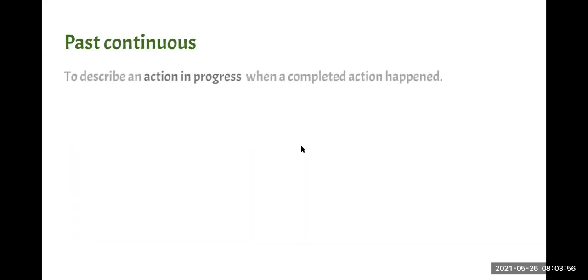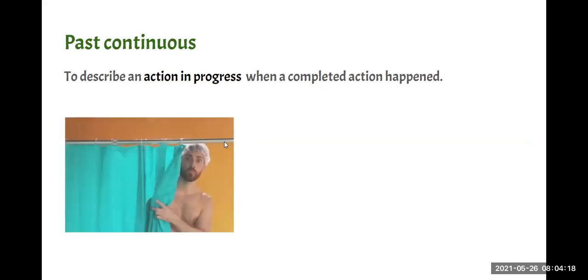It says, we use also the past continuous to describe an action in progress when a completed action happened. As your partner said before, we describe an action in progress, okay? A long action. And then we can describe the other action in the simple past. Let's see here. What do you think he is doing here?